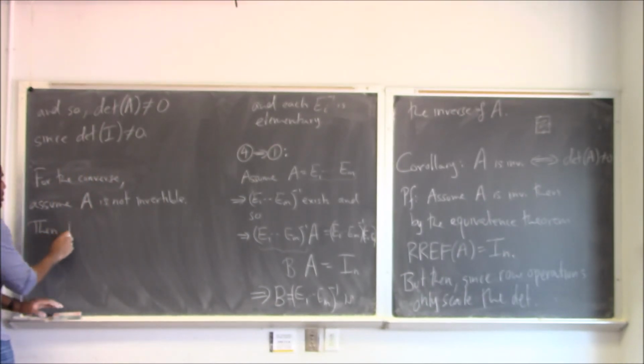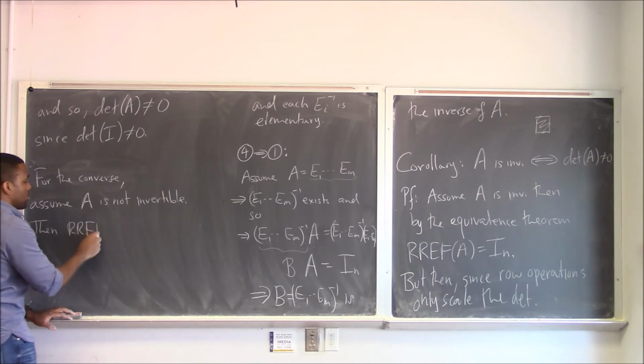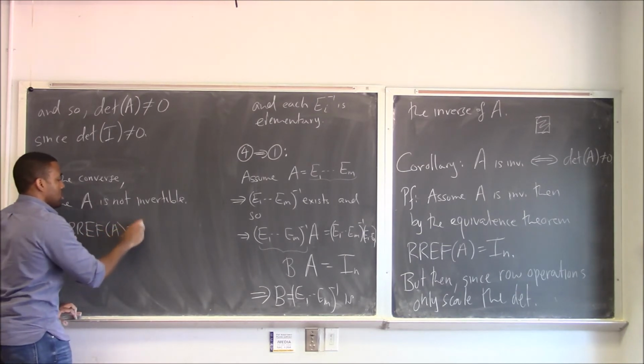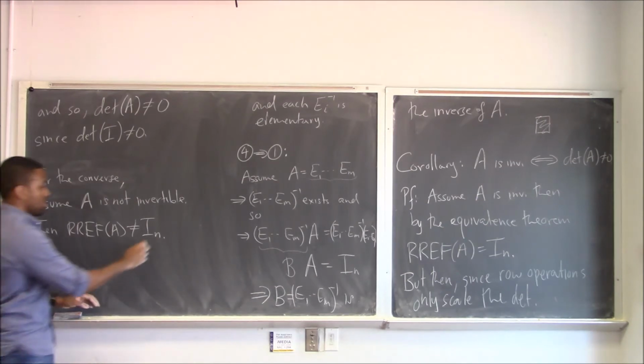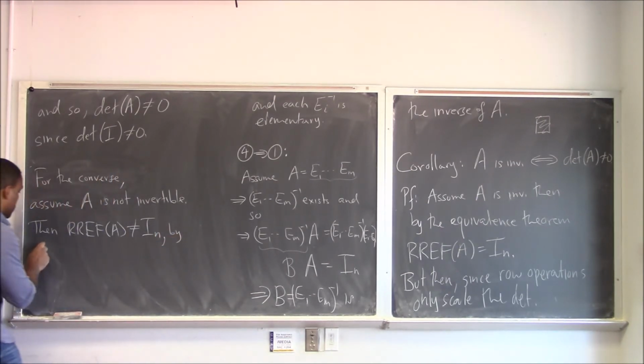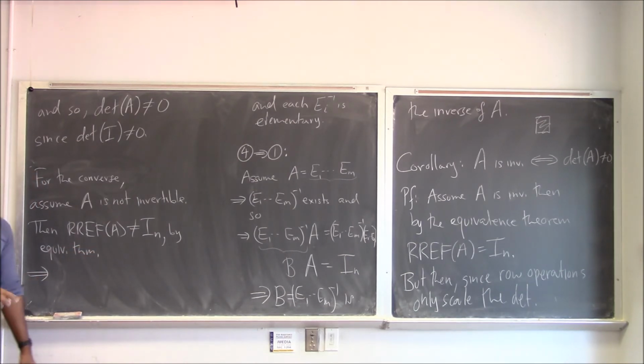Then the reduced row echelon form of A is not the identity, by the equivalence theorem. Which means, by a theorem we proved earlier today, that the reduced row echelon form of a square matrix is either the identity or it has a row of zeros.